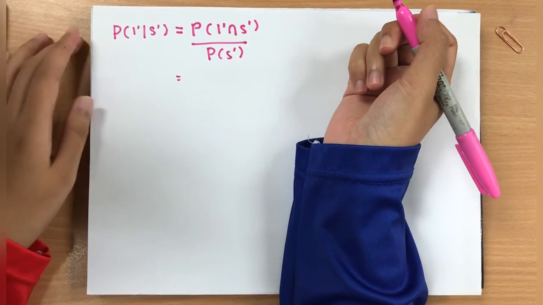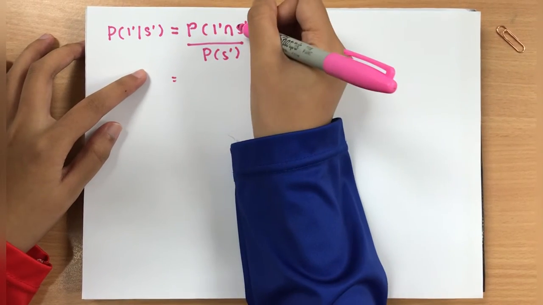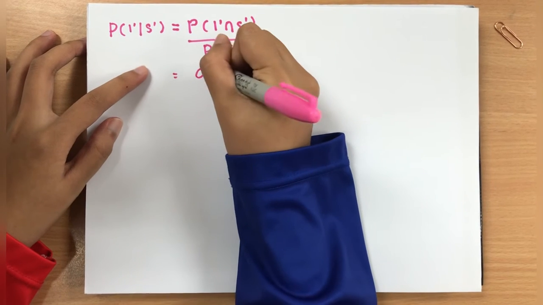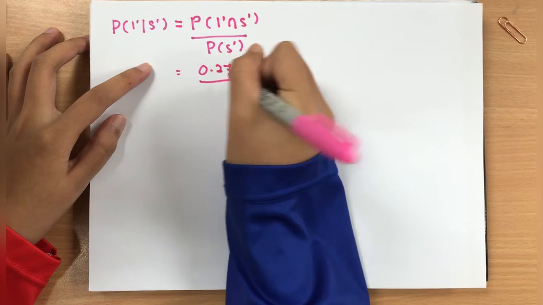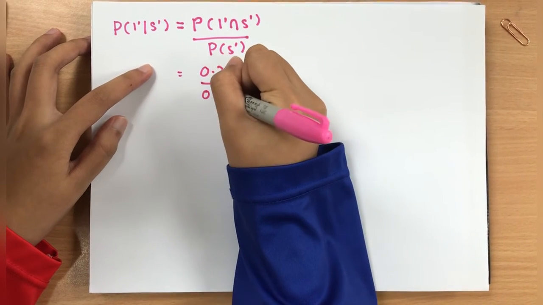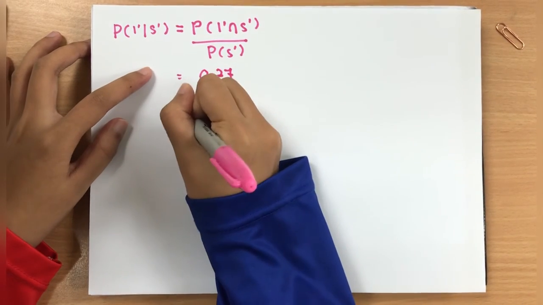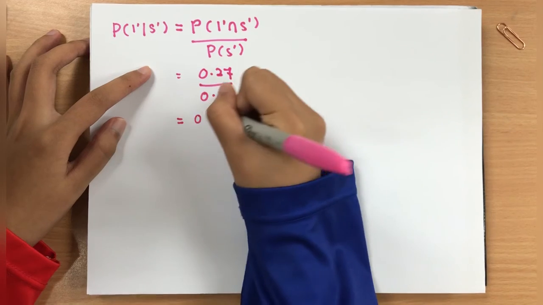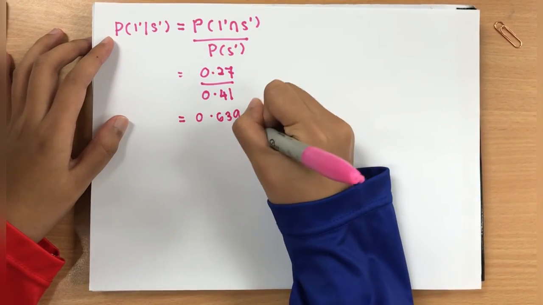From the table above, the value for P(I prime intersect S prime) is 0.27 over 0.41 for P(S prime), and we calculate and get the answer 0.369.